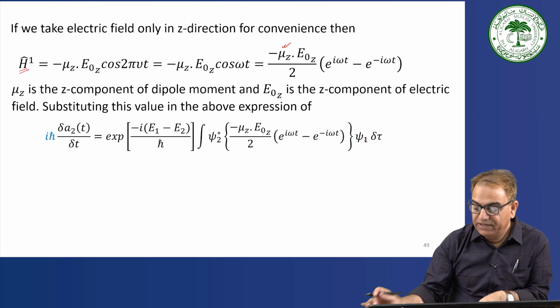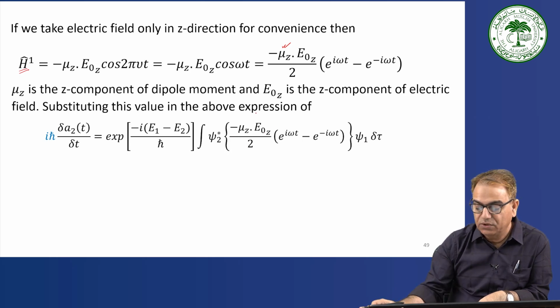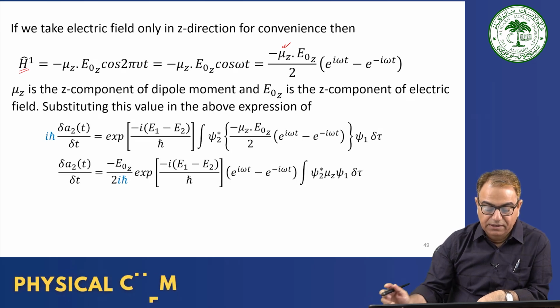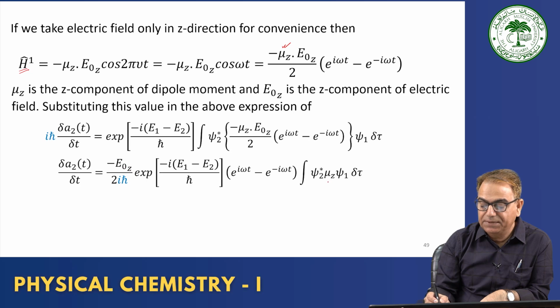So we have the exponential terms and the constant terms. You can bring the constant terms outside the integral, and then iħ comes from the left hand side and you have minus E naught z over 2, and mu z I have kept inside knowingly.